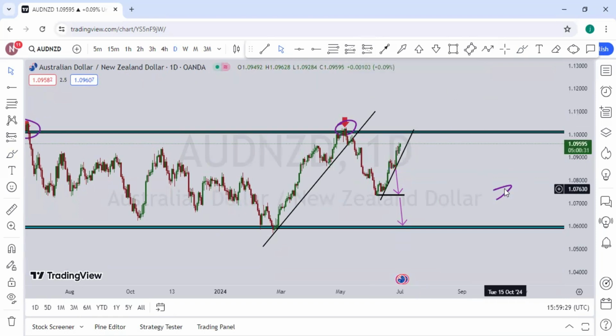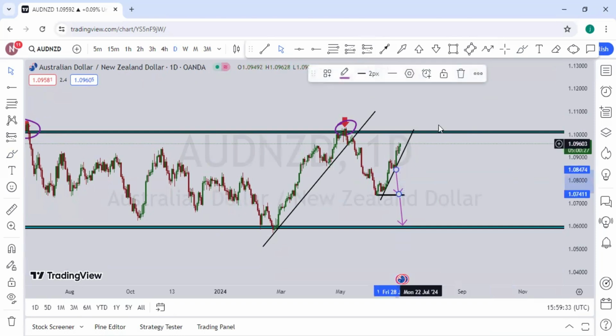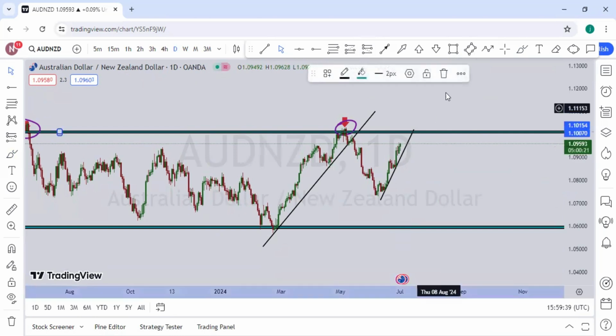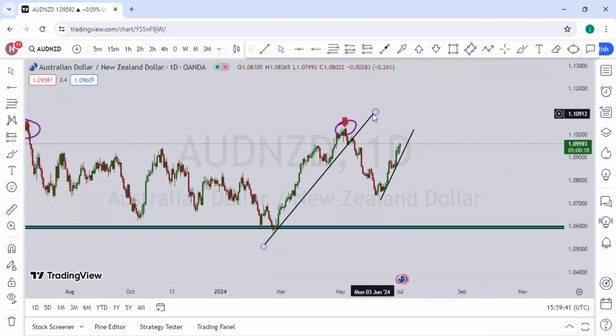Also remove this one. I want to see if this market can come to the top and form a double top. Let me also remove this one. I want to see any reaction that can be formed.